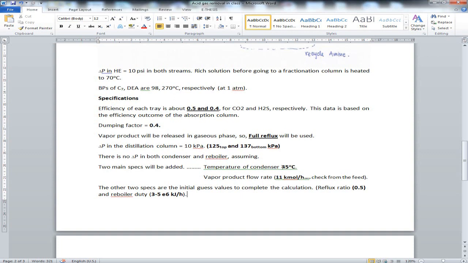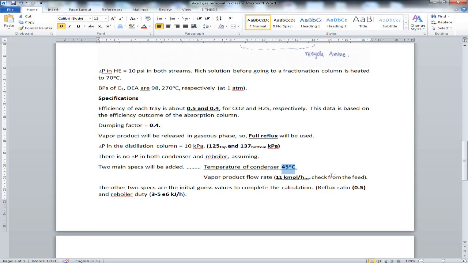And I prefer to have low temperature here because I want the product in gas and also the product flow rate. It is in vapor. What we would like to eliminate are carbon dioxide and hydrogen sulfide.